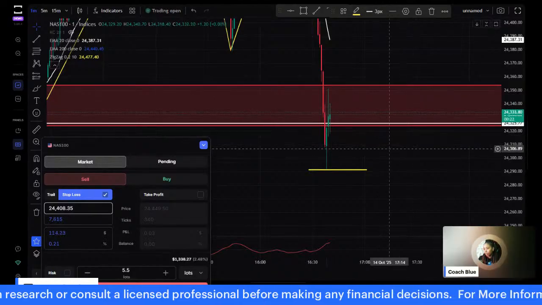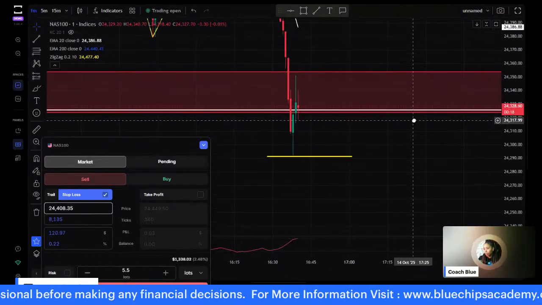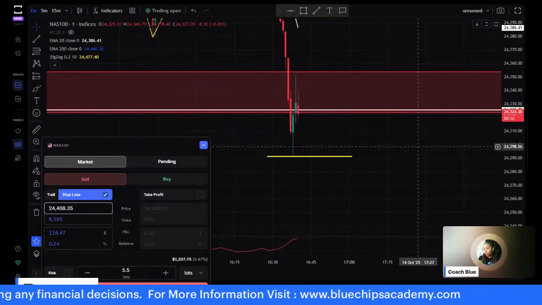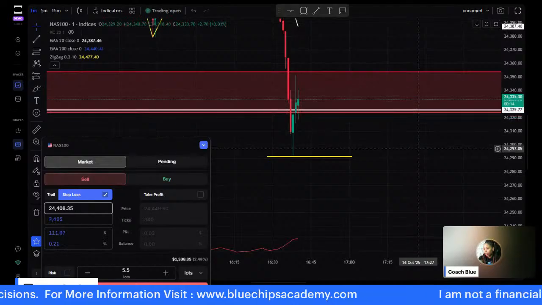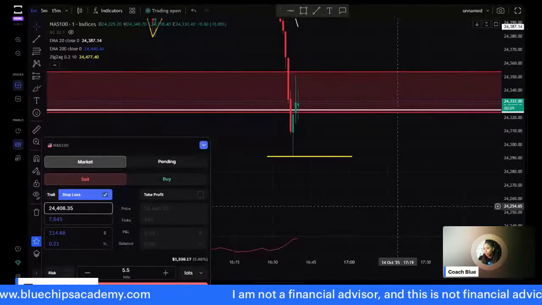Here we go. Let's see if we can get a clear break, guys. Got 10 seconds left on this candle right here.